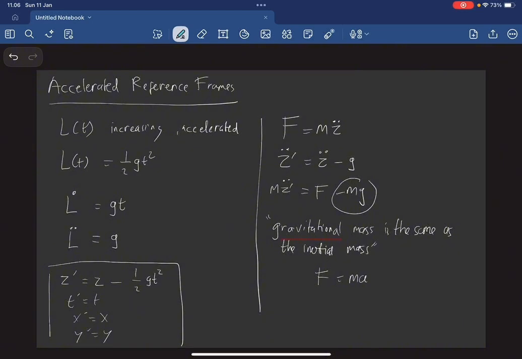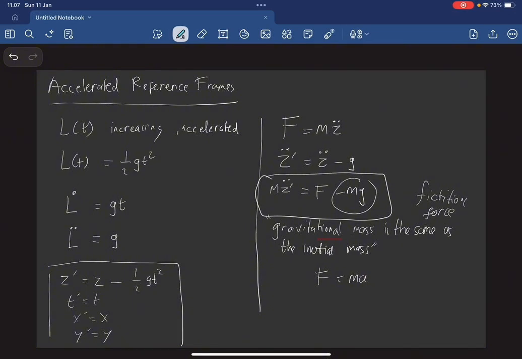This equation here is an example of a fictitious force, if you want to call it that, mimicking the effect of gravity.